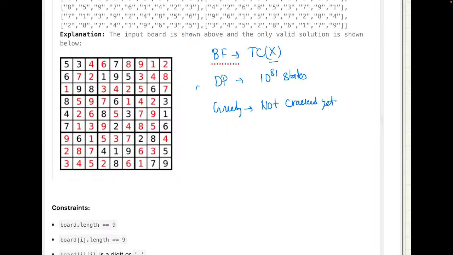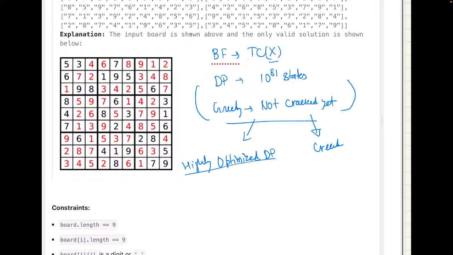So the next step from this configuration is that we can look for a highly optimized DP, or we can have a greedy solution. These are two steps which I can see currently. So we will explore these one by one. I have no confidence with greedy because greedy is purely intuition based. That tells how you have solved problems previously, and then your mind will crack a logic which will solve it.